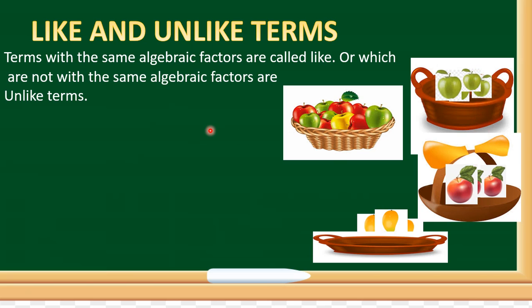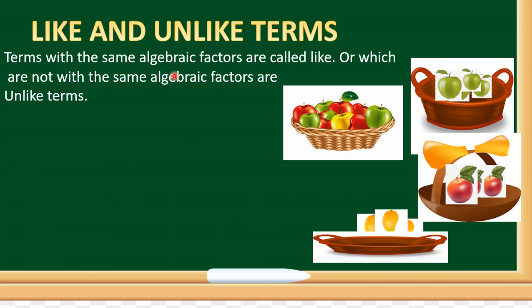So the basic concept of like and unlike terms is: terms having the same algebraic factors are known as like terms, and terms not having the same algebraic factors are unlike terms.